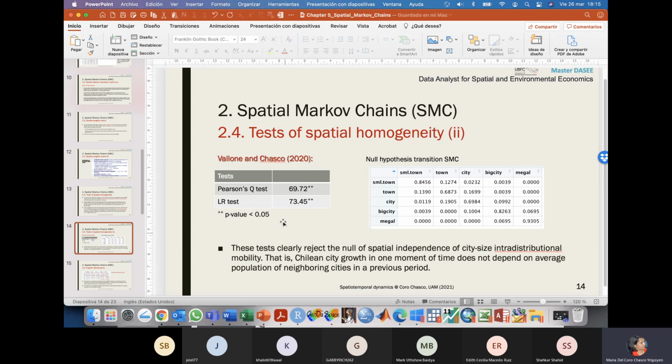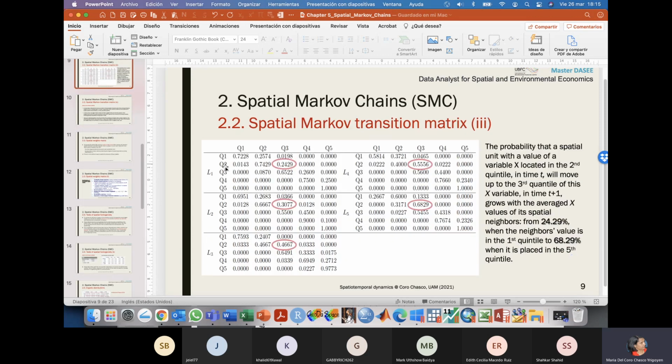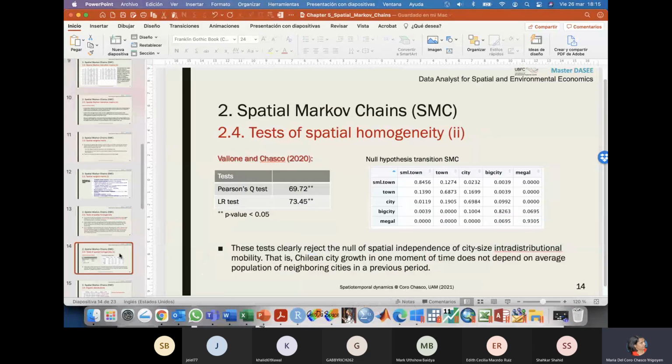Something that is very interesting of this test is that it compares the situation of this matrix of matrices. These values that, as you could see here, are different depending on the neighbors, to a kind of null hypothesis transition spatial Markov chain.